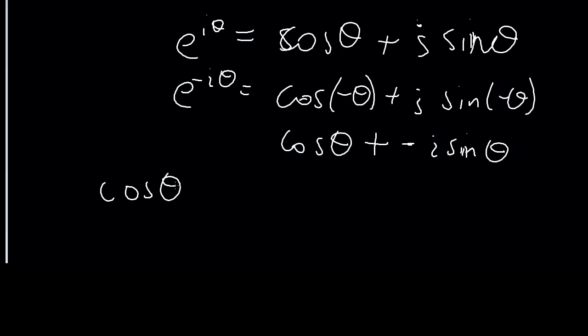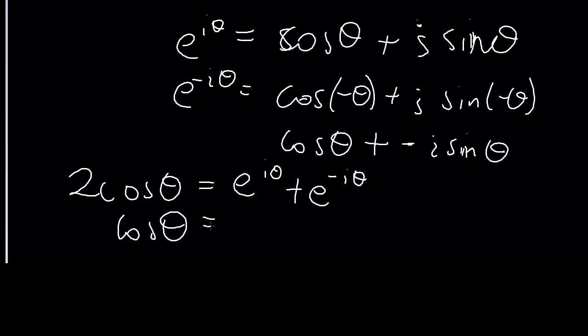You can get it by adding the two lines. So we have 2 times cosine theta is equal to e to the I theta plus e to the minus I theta. So cosine theta is equal to e to the I theta plus e to the minus I theta, divided by 2.